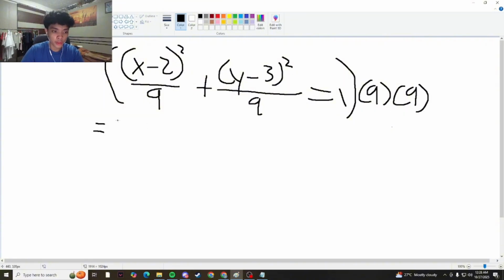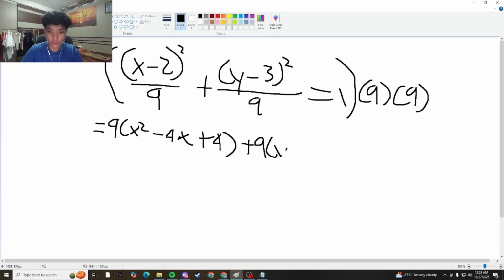So bring down 9 and square x minus 2: x squared minus 4x plus 4. Plus bring down 9 again, and square y minus 3: y squared minus 6y plus 9 equals 9 times 9, which is 81.